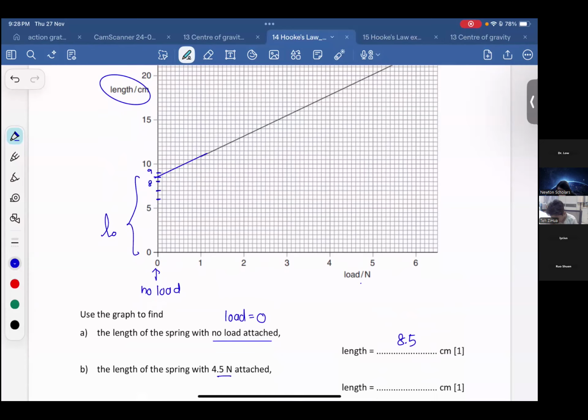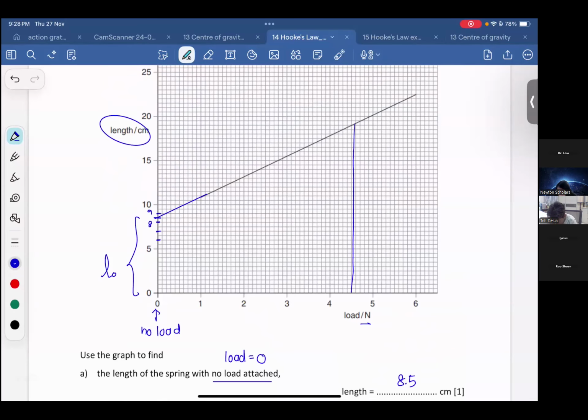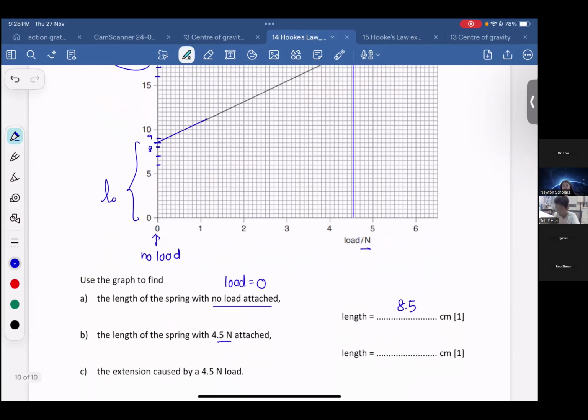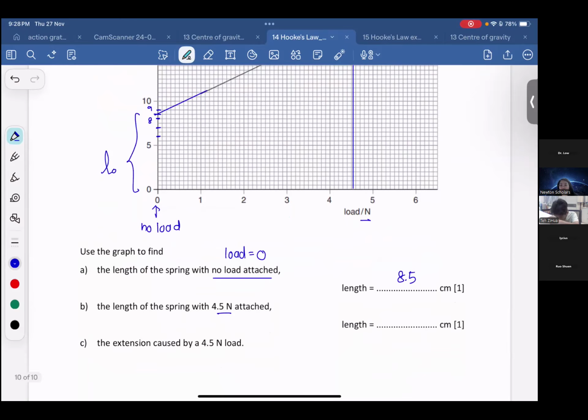So it's here going up. Then from here, go here. What is this answer? 15, 16, 17, 18. This is 19. So your answer should be 19 cm. Let me check. Megan correct.